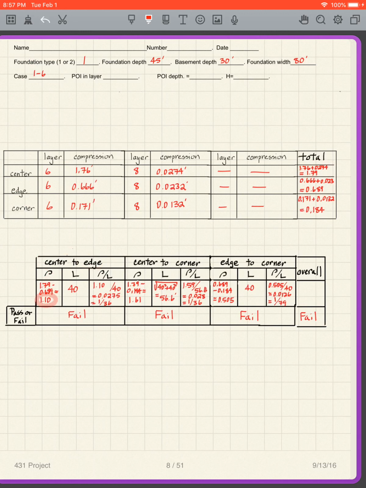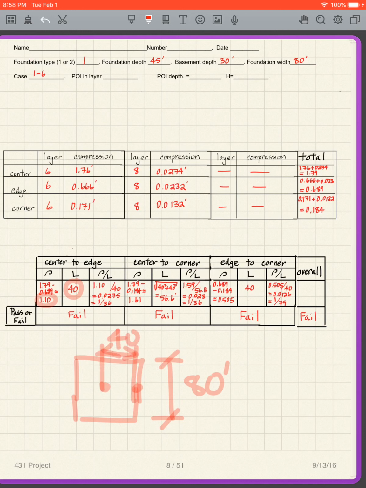The horizontal distance is 40 feet. Well, how do I know that? Because my footprint, this is 80 feet, and the center is here, the edge is here. That makes that distance 40 feet.